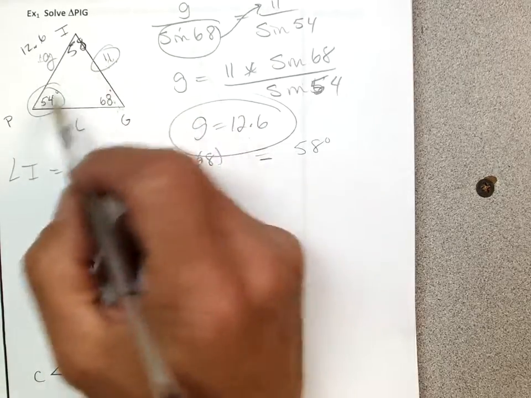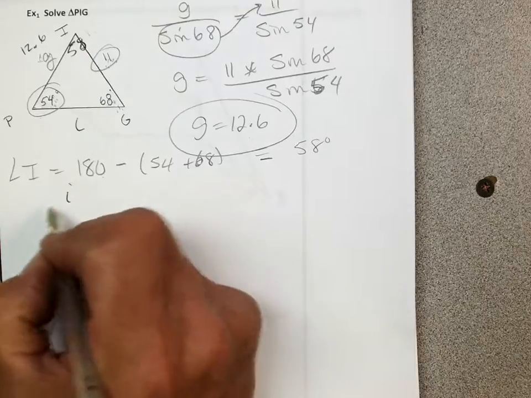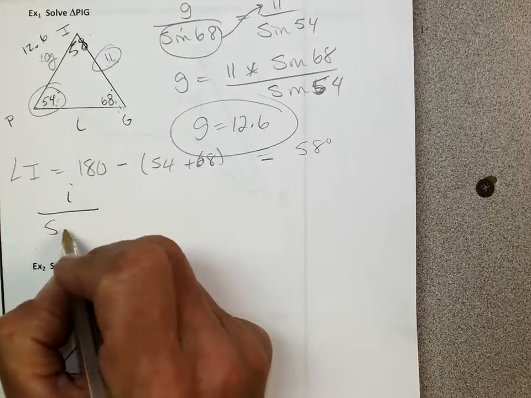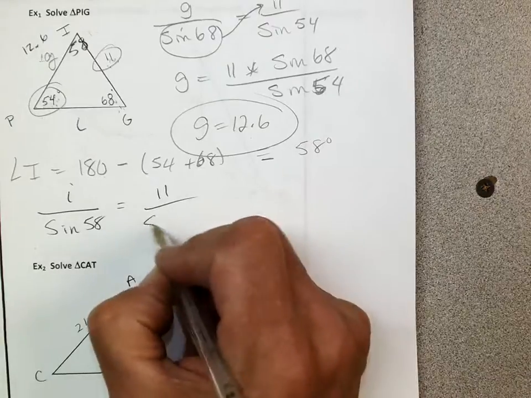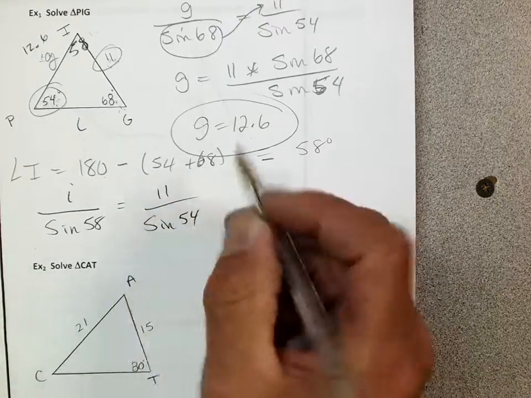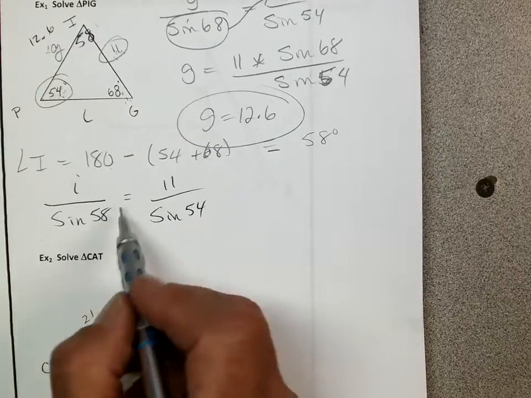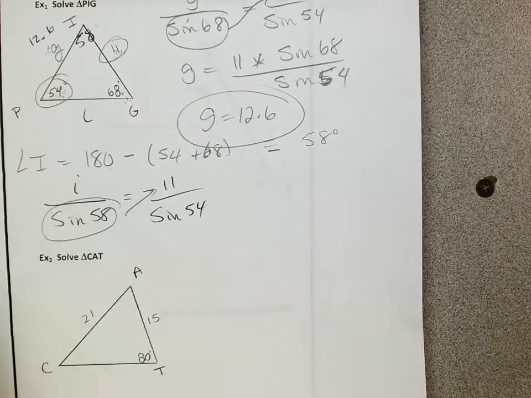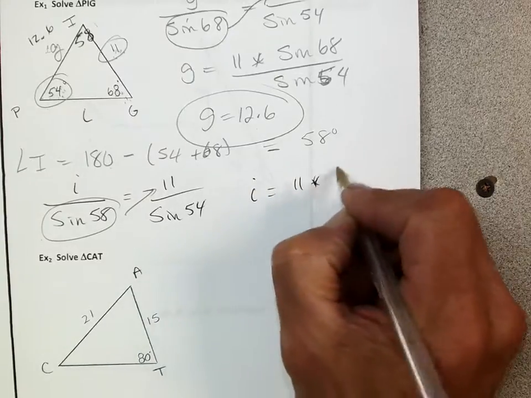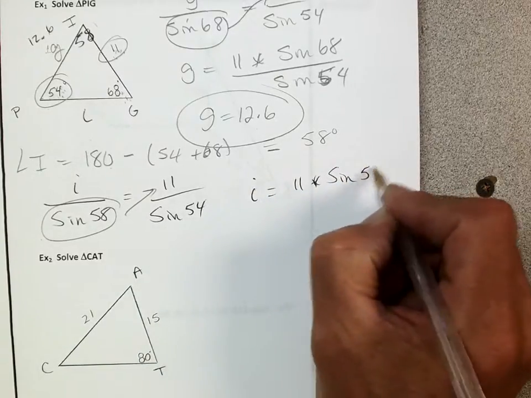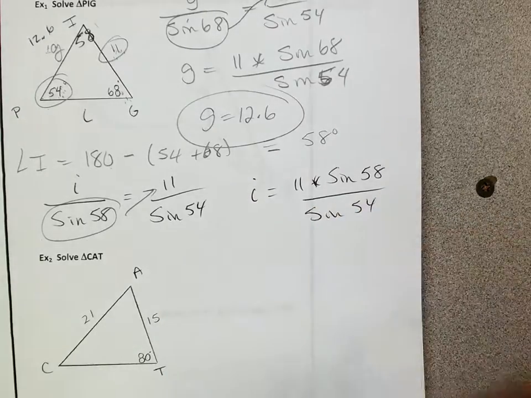Let's set up the law of sines with little I. So I'll go little I over the sine of 58 equals 11 over the sine of 54. I'm going to cross multiply, and little I is equal to 11 times the sine of 58 over the sine of 54, and then we've got everything we need.